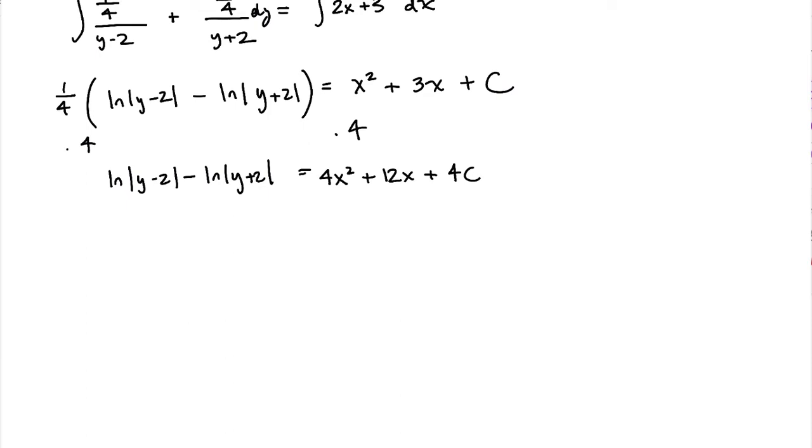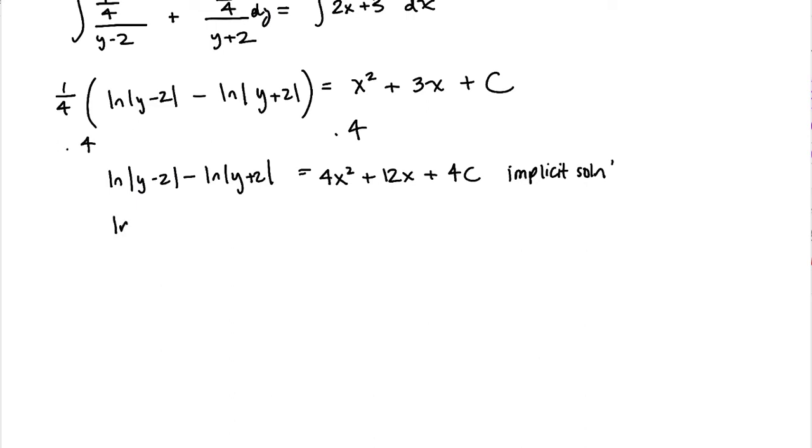It reminds me very much of our log rules section because I have an equation that's really hard to solve for y. This would be considered an implicit solution because my y is not solved for by itself. It's not isolated. Oftentimes we want an explicit solution.